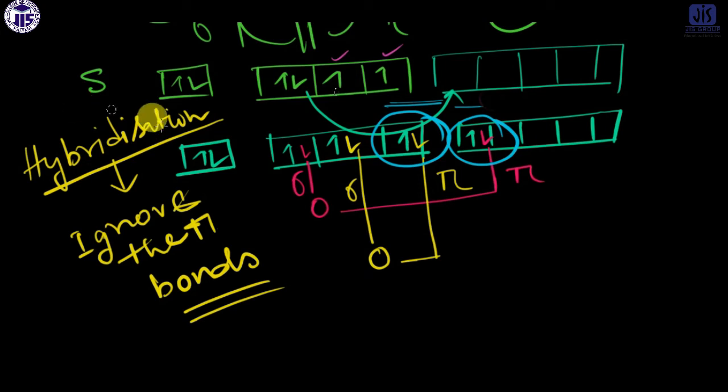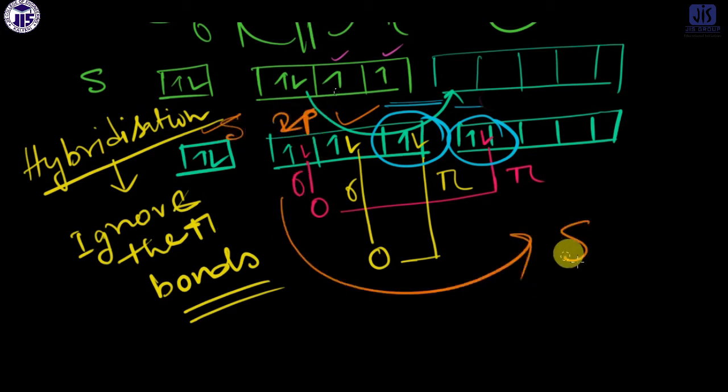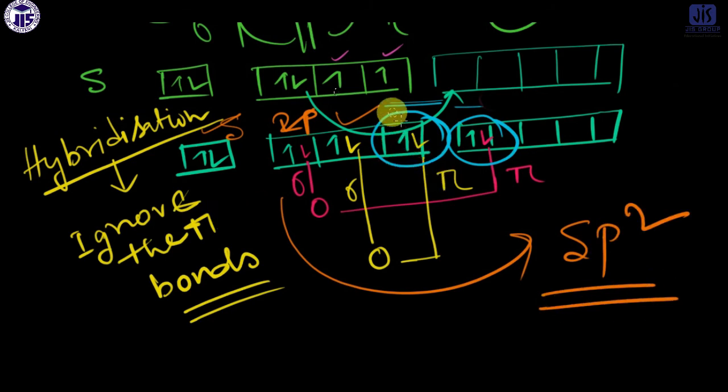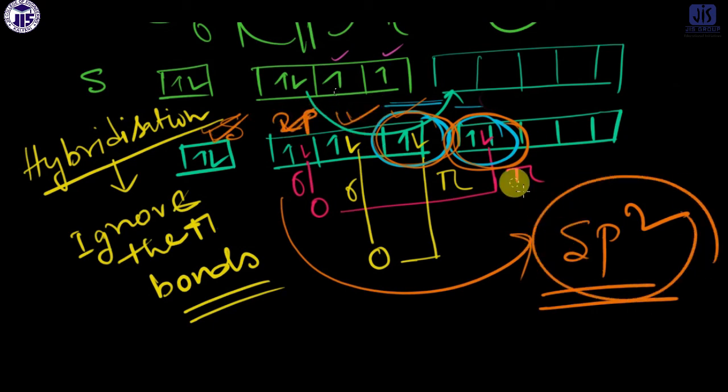We'll consider only the sigma bond and the inner one, that means 1s and 2p. So its hybridization is sp2. Don't write down sp3d, because these two are pi bonds, so forget about them. Where a pi bond is formed, we will not consider it in the hybridization. So with 1s and 2p orbitals, it is sp2. In this way we can determine the hybridization where oxygen is present.